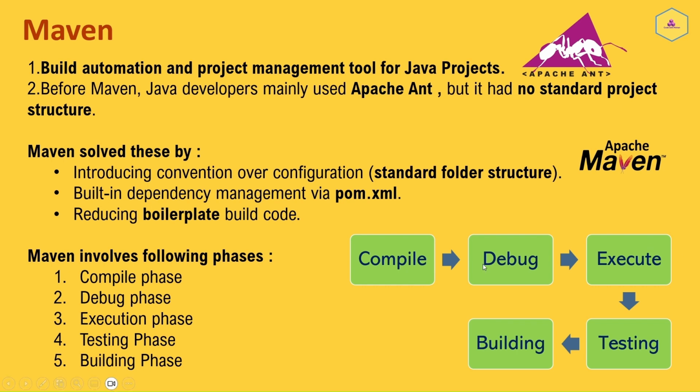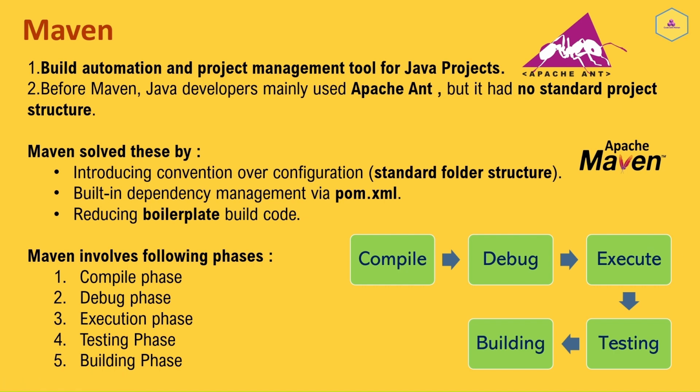Pom means project object model, and the file defines project configurations, dependencies, and plugins. The dependencies are declared in the pom.xml file, and Maven automatically downloads and manages them from the central repositories. It reduces boilerplate build code.